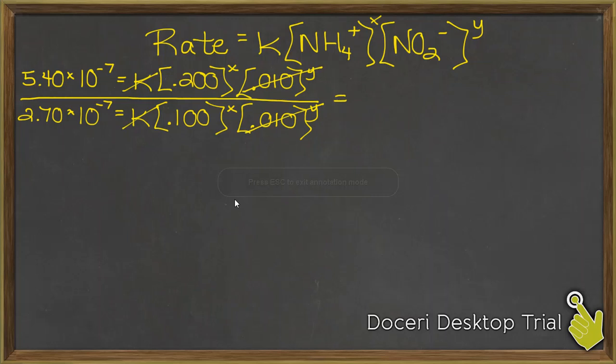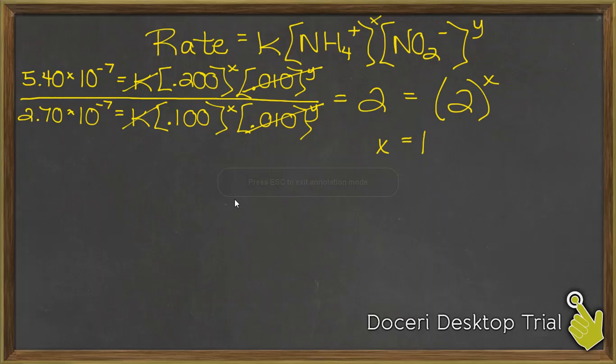And here's how this simplifies. 5.40 divided by 2.70 is the number 2. And this whole big fraction simplifies down to 2 to the x power. So 2 equals 2 to the x. So what is that exponent?